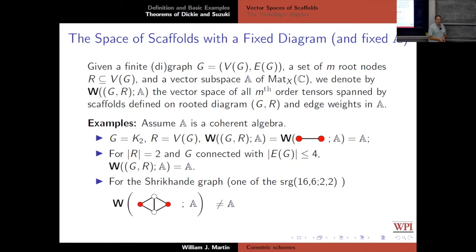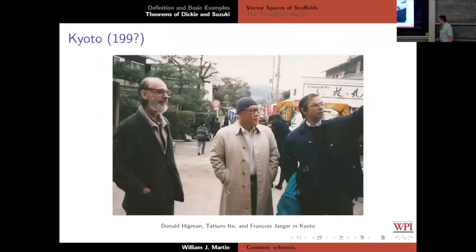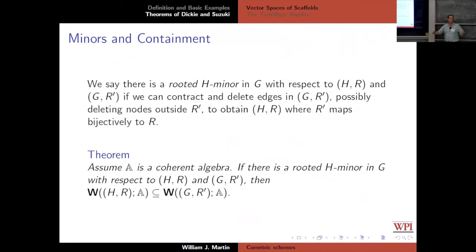So you can very quickly see that you can choose edge weights to get any scaffold that has a diagram that's a minor of the one that you have. So now there's this containment of these vector spaces. You start with the Bose-Mesner algebra, that's the simplest thing if you have two red dots, and then it grows.